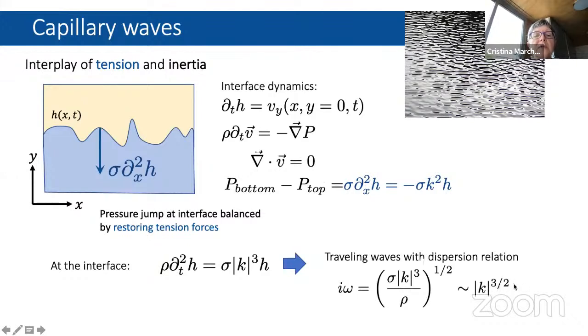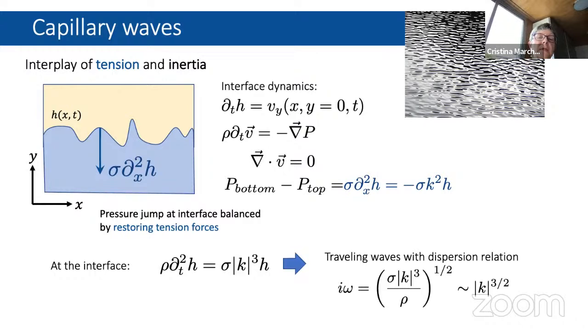What you get at the surface is traveling waves with a dispersion relation which goes like wave number to the 3/2, where the speed is controlled by the interplay between, I think there should be a g somewhere here as well, but between surface tension and gravitational restoring forces. No, sorry, there's no gravity here. Surface tension and density, which controls the inertial restoring forces. So capillary waves are well known at interfaces, but they are determined by the interplay of tension and inertia.